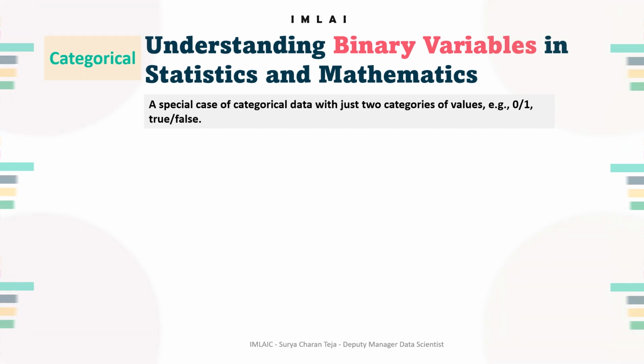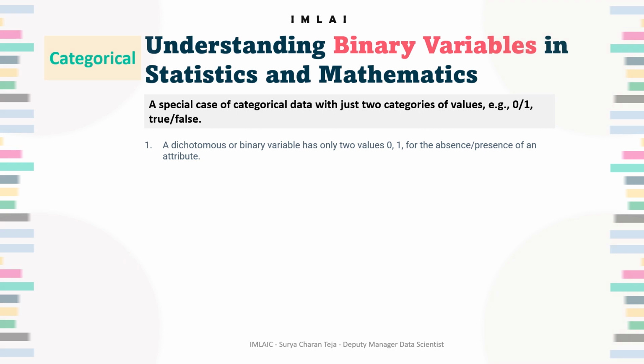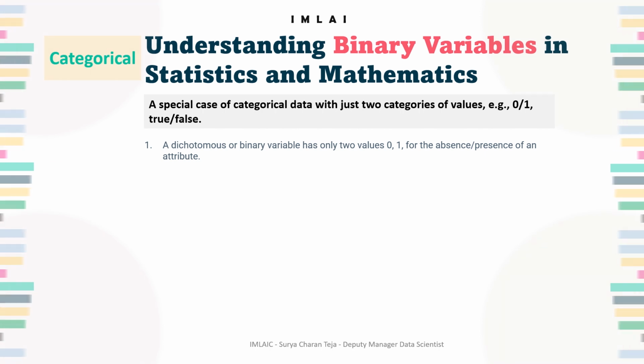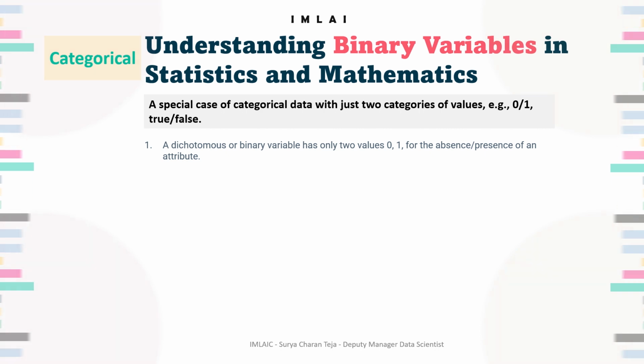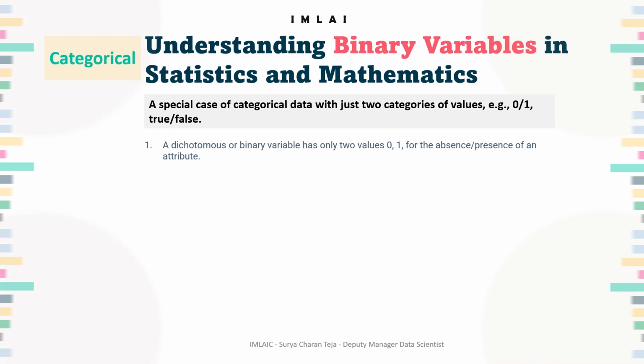So a dichotomous or binary variable has only two values, 0 comma 1, for the absence or presence of an attribute. That's it, very simple. A 0 comma 1 for the absence or presence of an attribute of that entity's records.